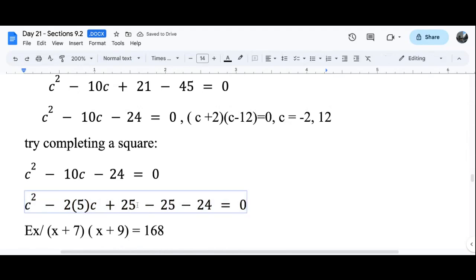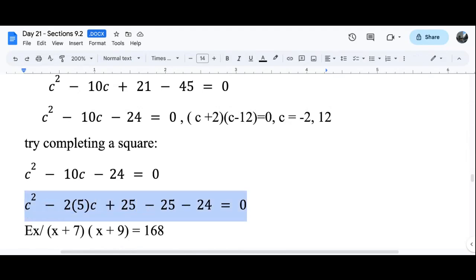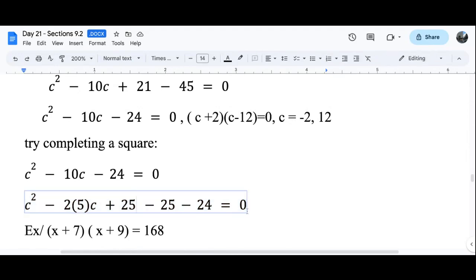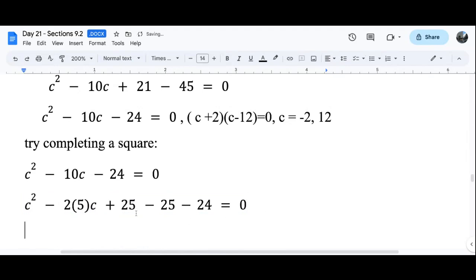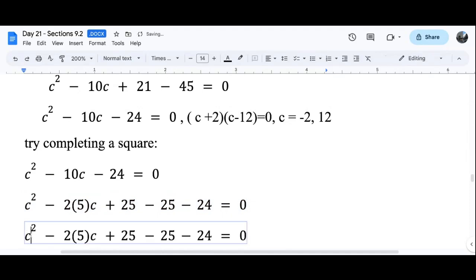Now, this part. The first three terms become (c minus 5) squared.